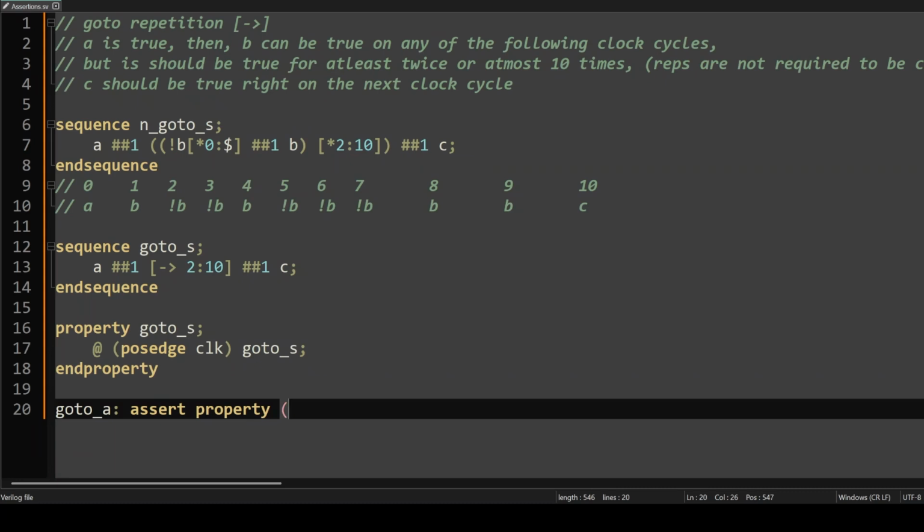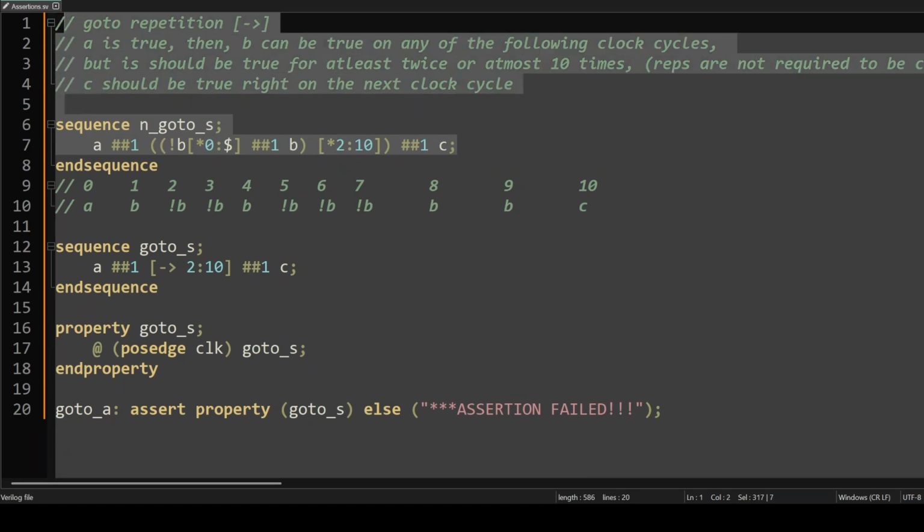That property, and if the property fails, else assertion fails. So this was an example of a goto repetition which simplifies such a complicated pattern into this.